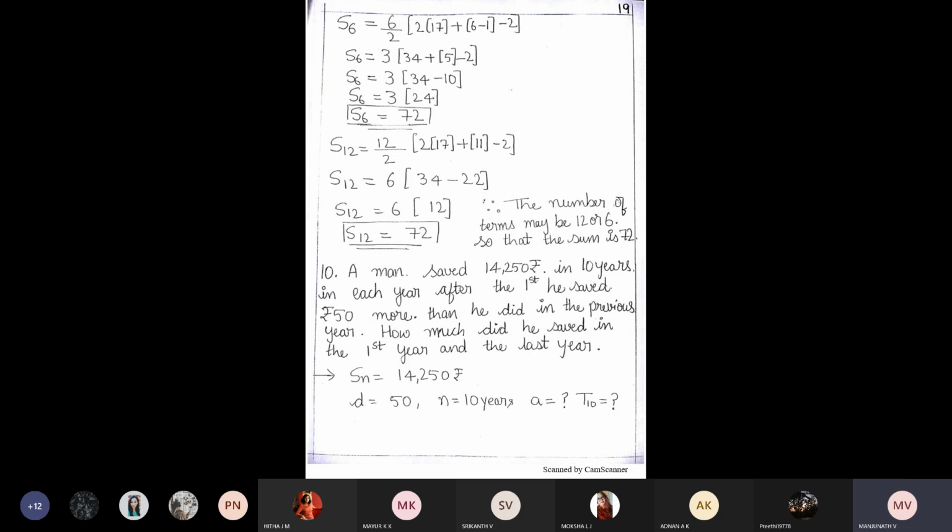Sumedh, have you got it? Yeah, sir. Moksha, are you doing it? Yeah, sir, I'm doing it. Okay. Are you understanding, Dhyan? Chaitra, are you following? Adnan?